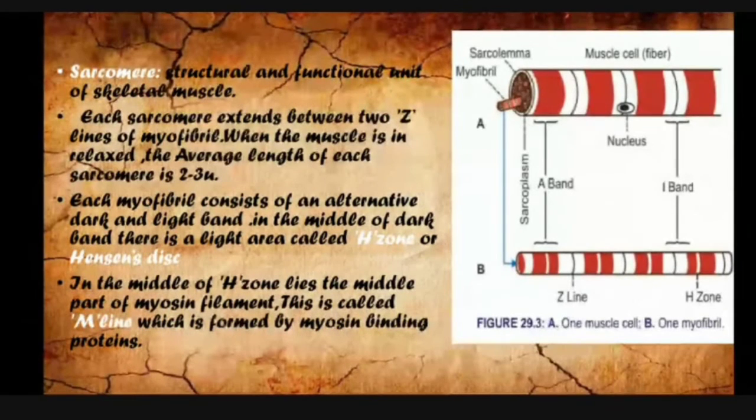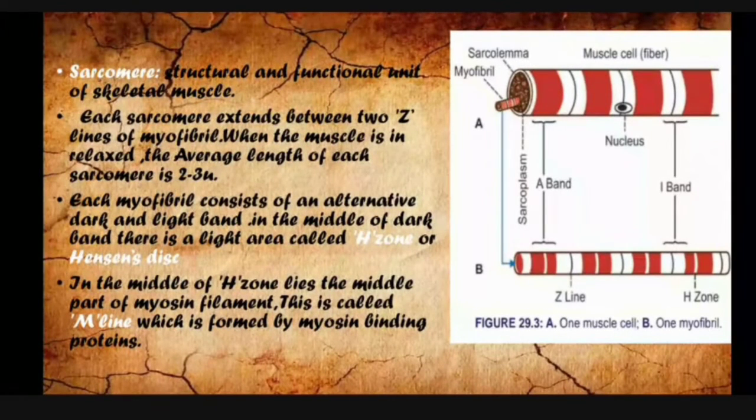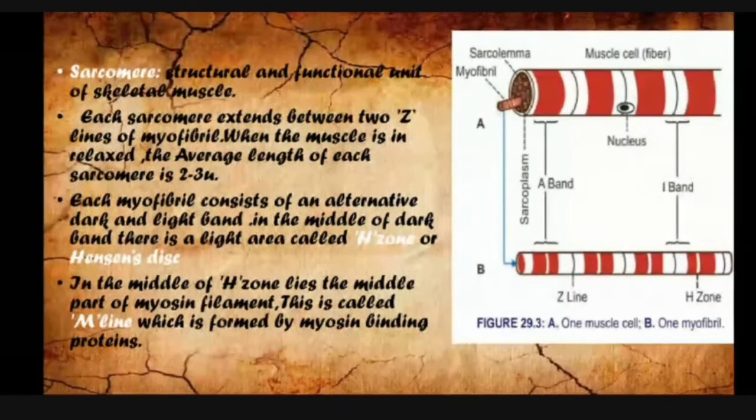Each myofibril consists of alternating dark and light bands. In the middle of the dark band, there is a light area called H zone or Hensen's disk. In the middle of the H zone lies the middle of the myosin filament. This is called the M line, which is formed by myosin binding proteins.